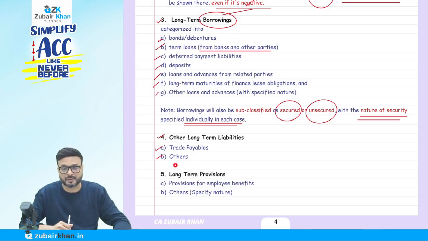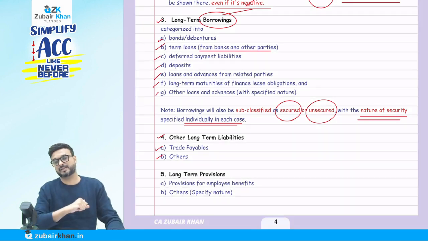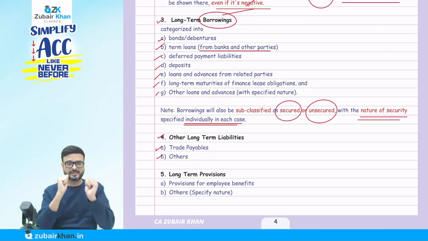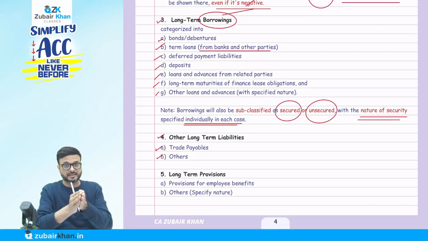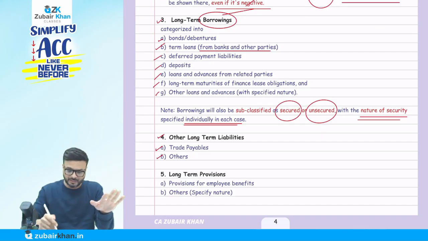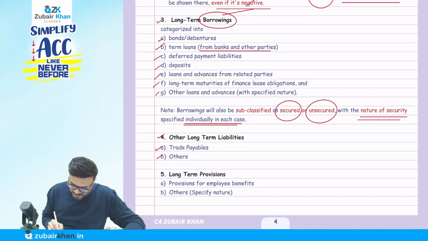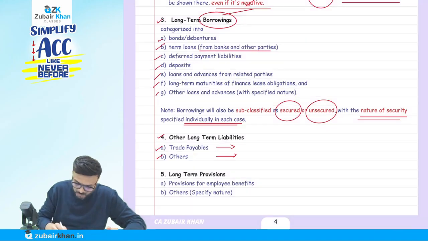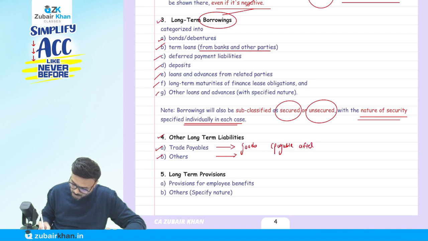I can give you an example of other liabilities also. Suppose you purchase a fixed asset, and you tell them that you will pay after 1 year, and they agree. Trade payable generally comes when it's related to goods. If you purchase goods which are payable after 1 year, generally it does not happen.